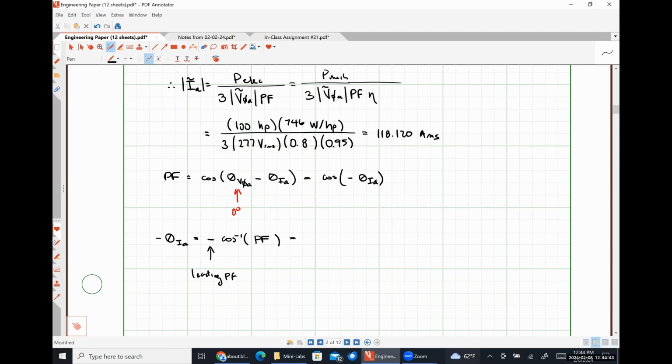Those two negative signs are going to wind up canceling each other out. And so we wind up just getting the inverse cosine of 0.8, which is 36.87 degrees. So the only reason that this angle is positive is because we're dealing with a leading power factor.